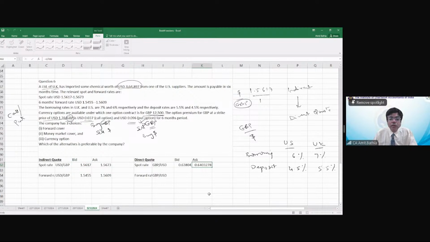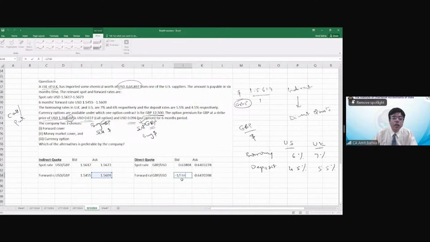Now, after solving it, if I am not confident what is happening, how can I normally check? Normally, you will find that bid is always going to be lesser than the ask price, because that is the price at which the customer is selling to the bank. So spread always has to be there. So ask is always going to be higher than the bid price. So I have done it correctly? Yes. Again, the same thing I need to do for the forward rate also.